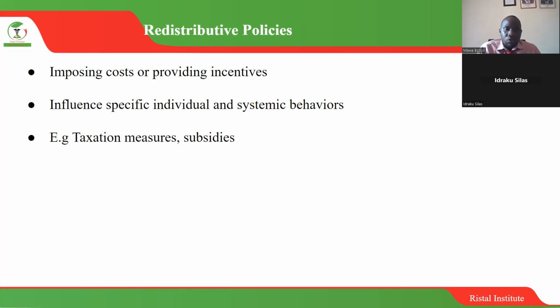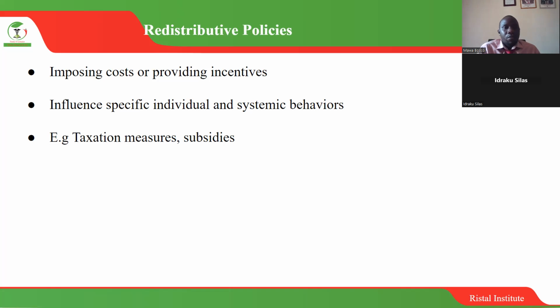When we talk about redistributive policies, this is where the government imposes costs on individuals who are doing activities that are not good to population health. And also, it involves providing incentives to people who are doing the right thing. So it's about taxation, taxing, for example, people who import things that may damage the population or individuals.